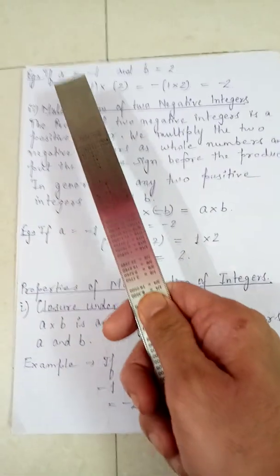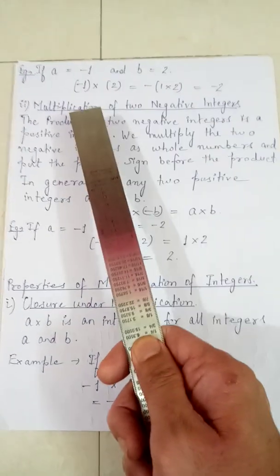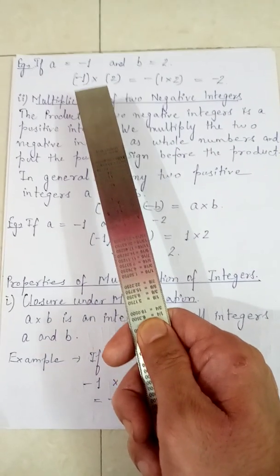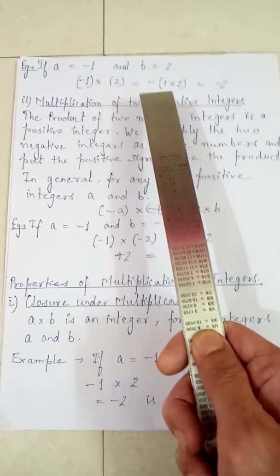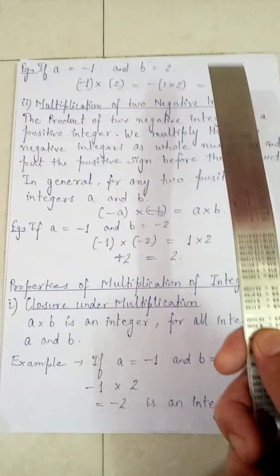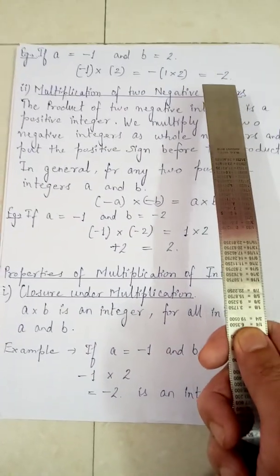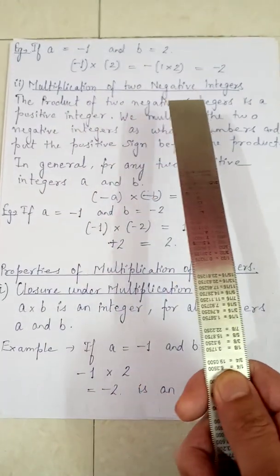Example, if a equal to 1 and b equal to 2, that gives you minus 1 multiplied by 2. We only have to multiply the whole numbers, that is 1 and 2, and we get the answer as minus 2. The next subheading is multiplication of two negative integers.